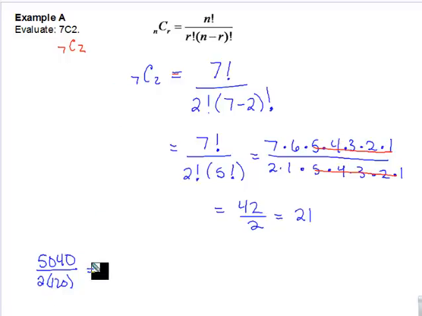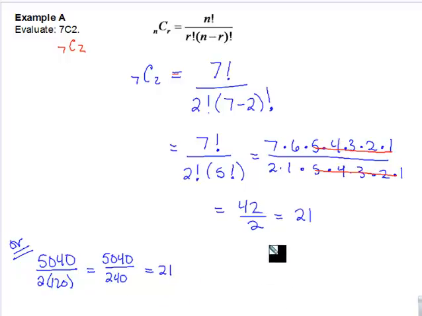So that would be 5040 divided by 240, which is 21. Same thing. I didn't use the calculator at all for the first way. I just wrote them out the long way and then I canceled. And 42 divided by 2 is 21. Or using the calculator, I plug in the factorials and then multiply and divide.